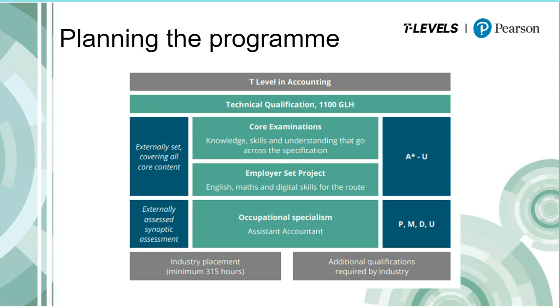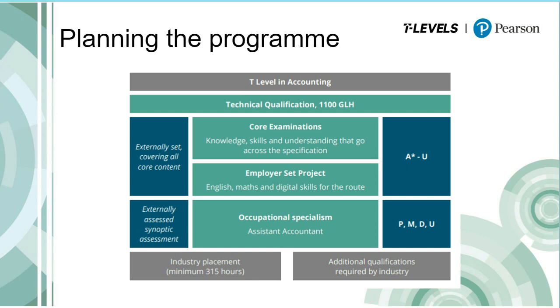And as I said, they will choose just one of those specialisms and focus on that in the finance qualification. Students undertaking the T-level in finance will be able to choose from one of the 4 occupational specialisms as part of their T-level technical qualification, as I've said.